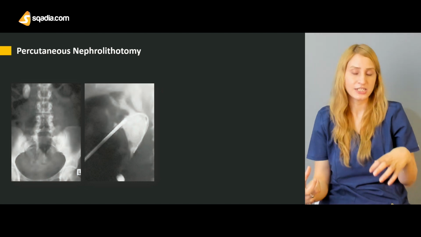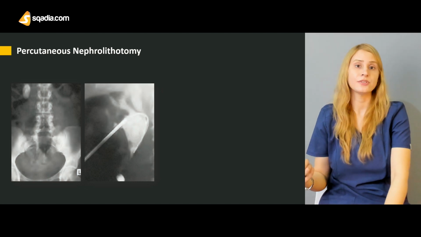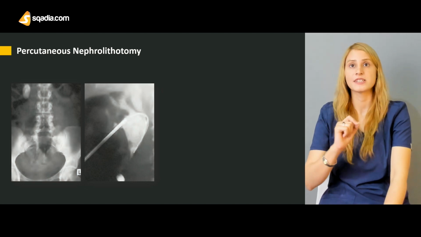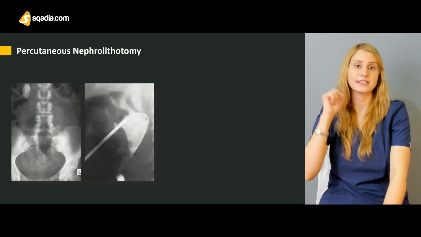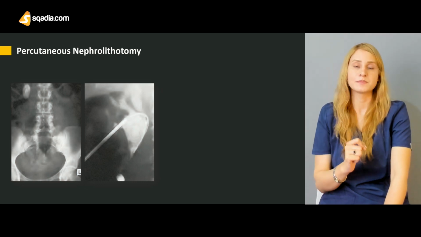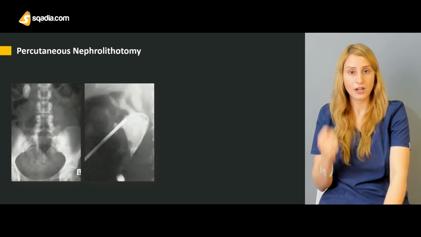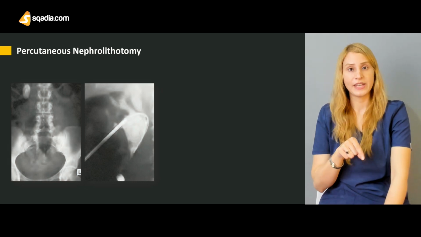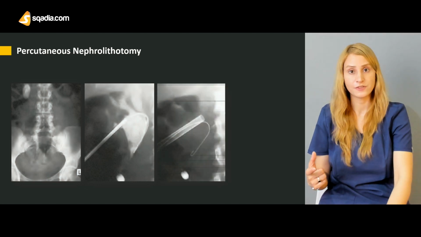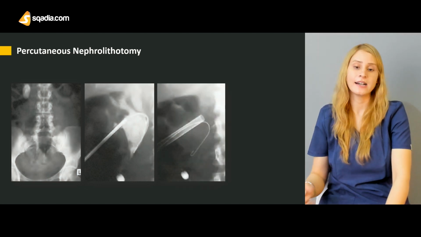Fluoroscopic imaging techniques are used, and then you can retrieve the stone with the help of percutaneous nephrolithotomy, which is the PCNL, or it can be called a mini PCNL. And sometimes you have to leave a nephrostomy tube, and you have to keep the nephrostomy tube for 24 to 48 hours, and then you can remove it.